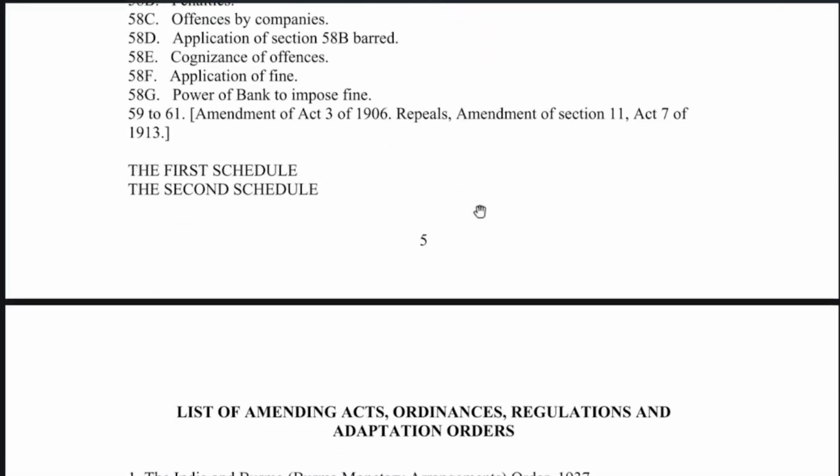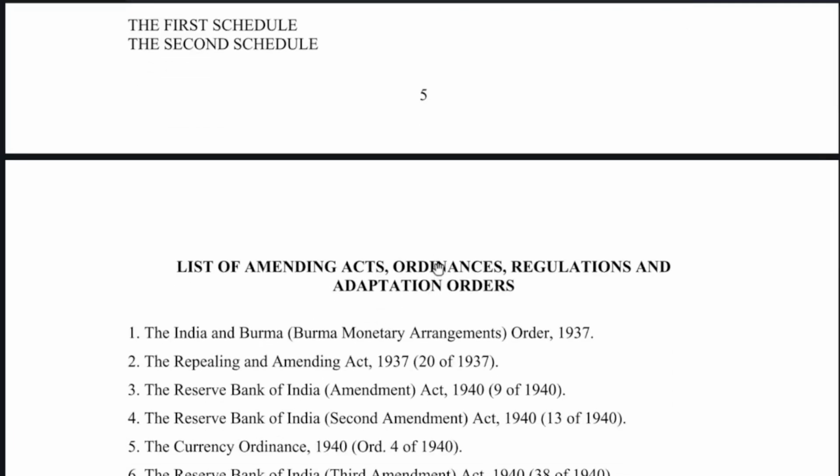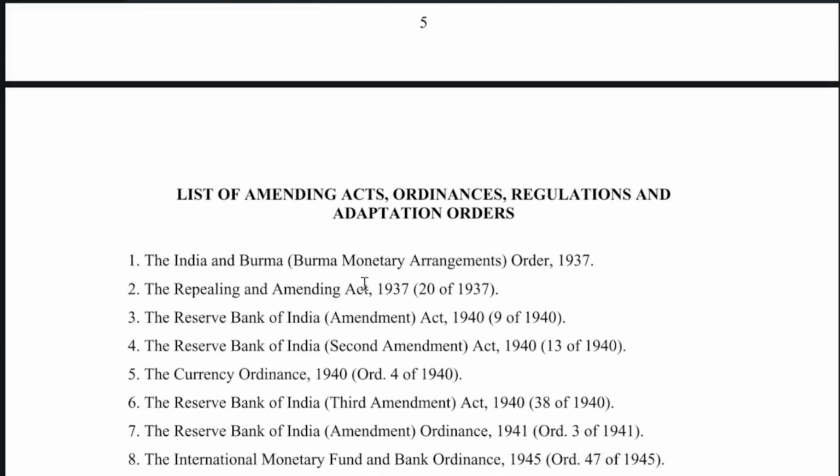Apart from this, the act comprises two schedules, that is the first schedule and the second schedule. At this point, I would like to inform you all that the names of the scheduled commercial banks are mentioned under the second schedule. Apart from this, the Act gives you the information regarding various amending acts, ordinances, regulations, and adaptation orders.